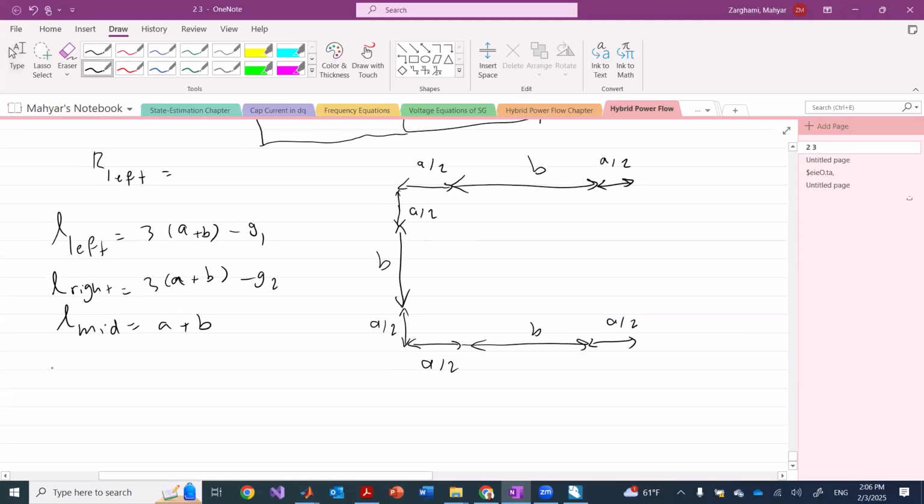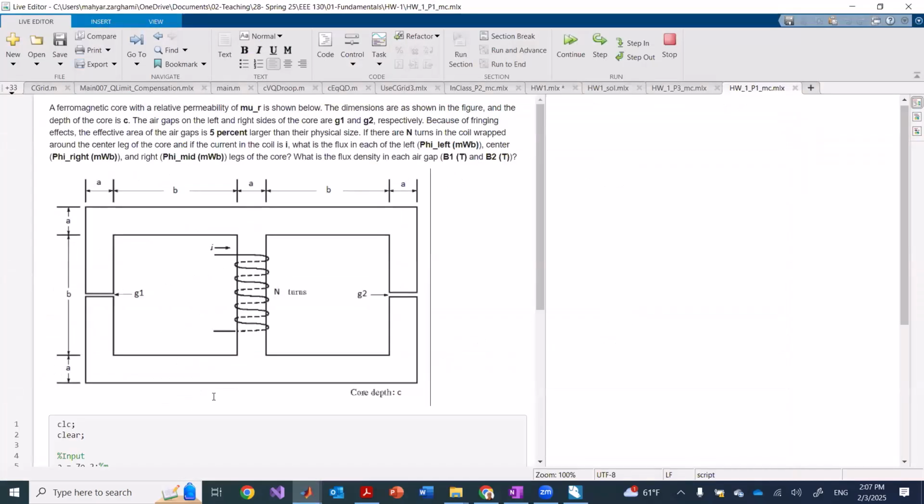So the reluctance on the left-hand side would be L left over mu0 times mu r times A, which is the cross-sectional area. How much is the cross-sectional area for the left-hand side? C times A, right?